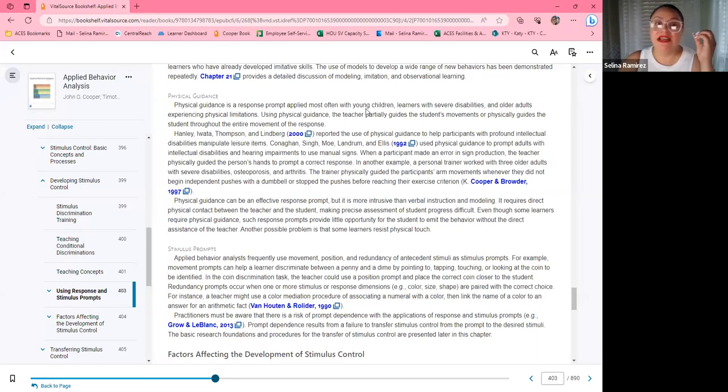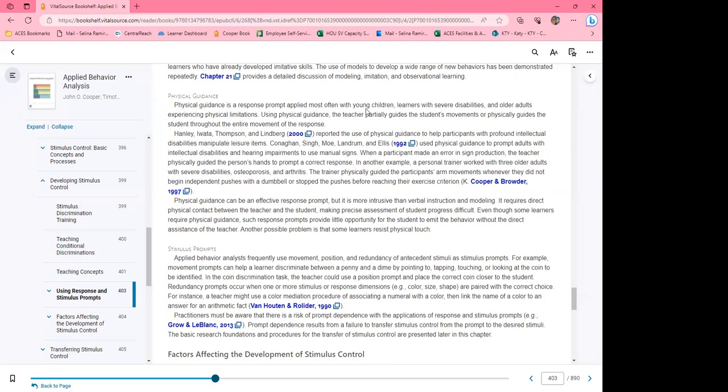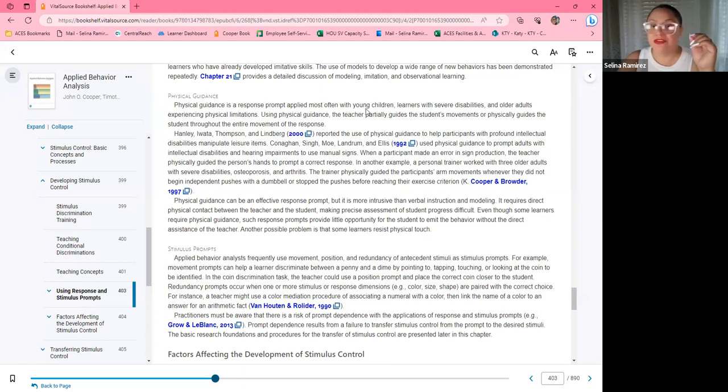So a lot of times you go into it errorless. So you go first to physical guidance and show them the way that you want them to perform the behavior. Hand over hand. Yes, hand over hand or full physical.